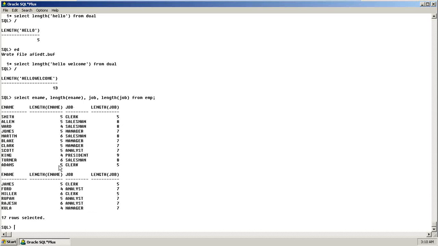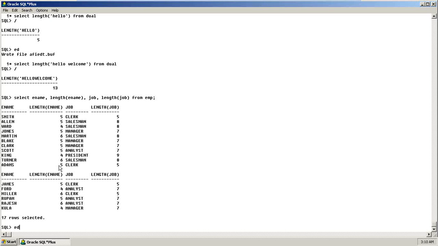So length gives you the number of characters. And also vsize is another function which gives you the memory occupying, how much memory it is occupying. But in case of string data type, in case of characters, there is no difference in length and vsize.